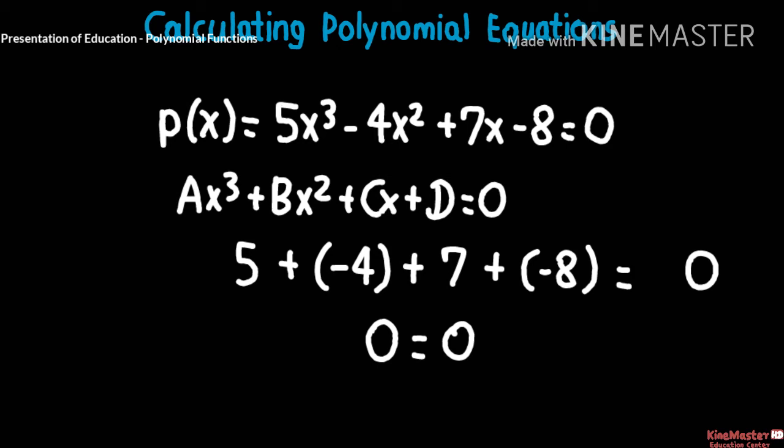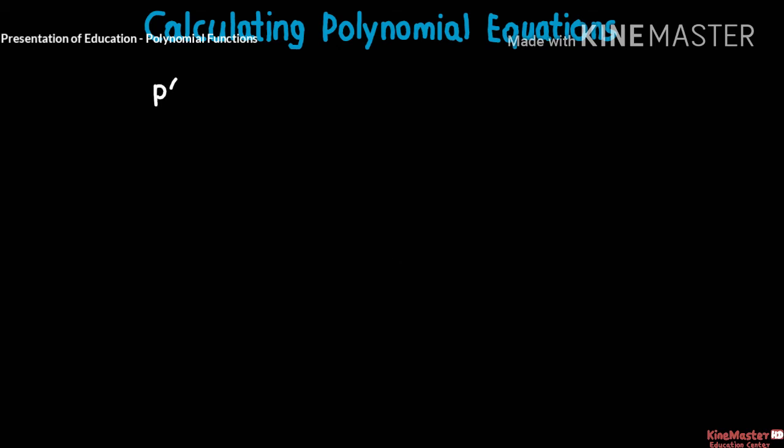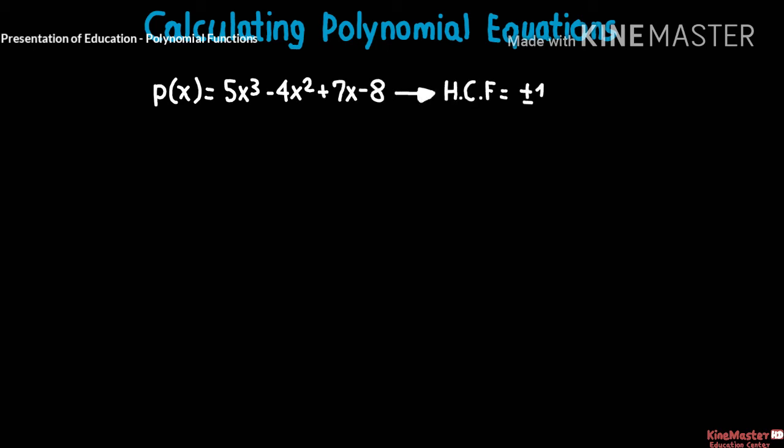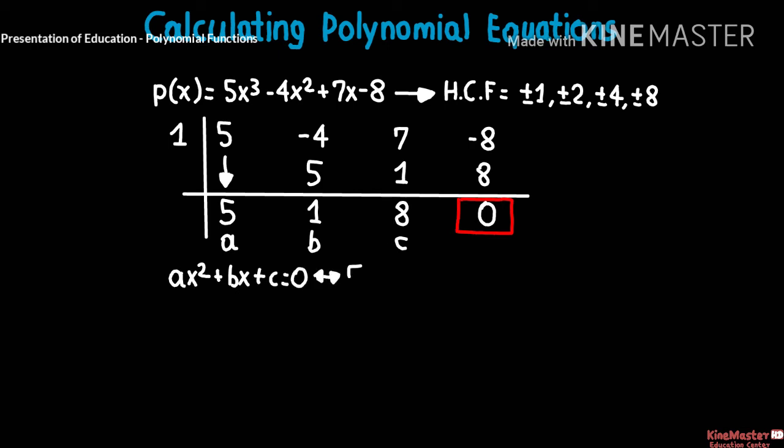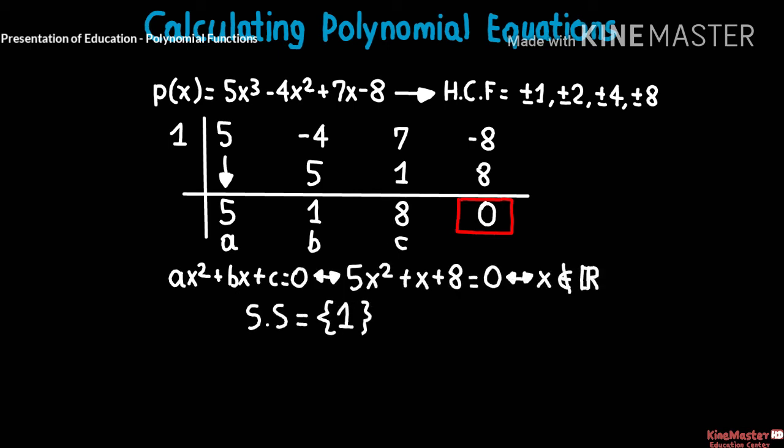For p of x equals 5x cubed minus 4x squared plus 7x minus 8, the possible roots are the factors of 8: positive and negative 1, 2, 4, and 8.